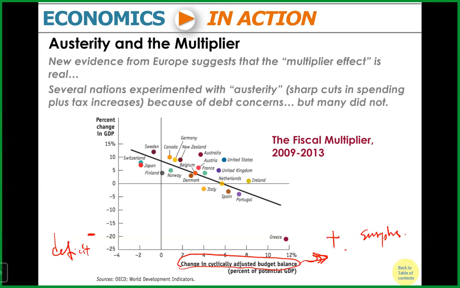Go to the right-hand side. How do you have a surplus? How are you going to change your G, or your tax, to have a surplus? Do we decrease G or increase G to have a surplus?